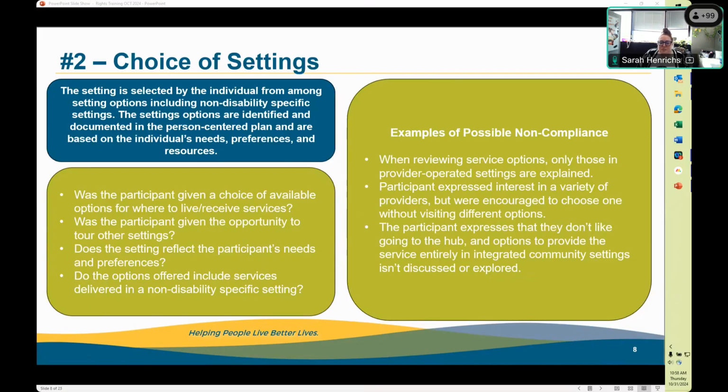So in those situations, discussing as a team, discussing with a behavioral professional or a mental health professional, if there is one that works with that participant and team, about how to best approach it to help the participant understand and adjust to the change as best possible, would be really important.